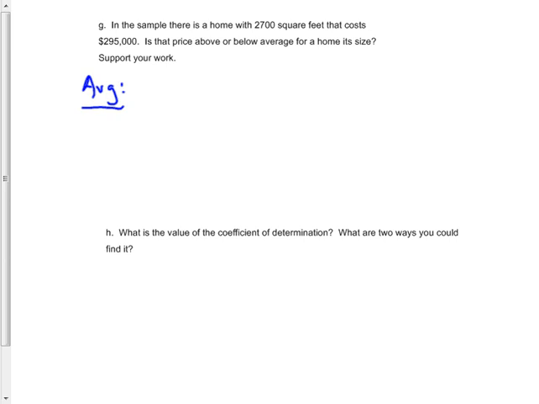To find the average price for a home with 2,700 square feet, plug 2,700 into your regression equation. The prediction that you get out of the regression equation is going to be considered the average Y value for that particular X value.